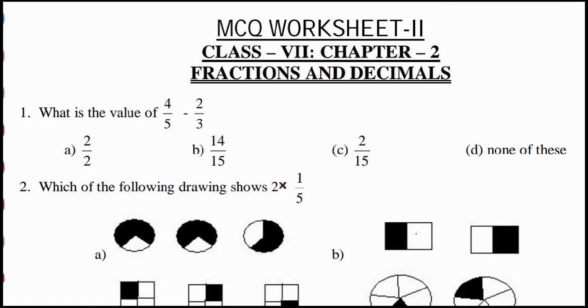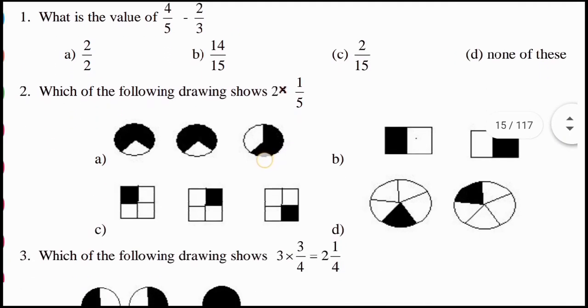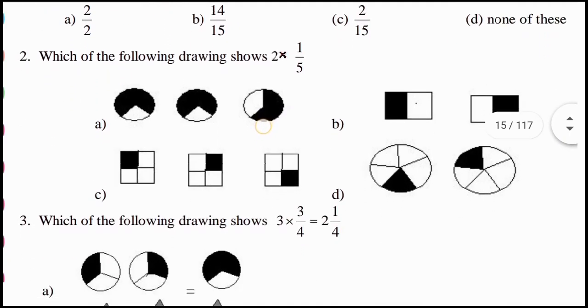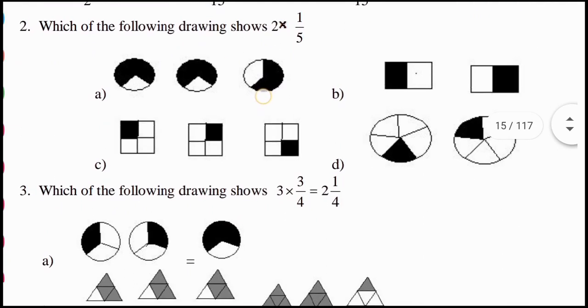Question number 2 is, which of the following drawings shows 2 multiplied by 1 upon 5? First of all we observe the figure of 1 upon 5. Which figure represents 1 upon 5? Total parts are 5 and shaded part is 1.